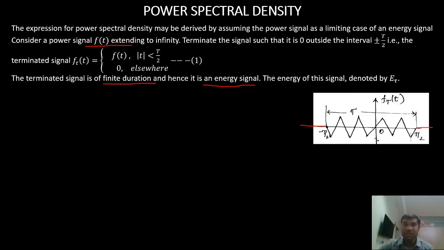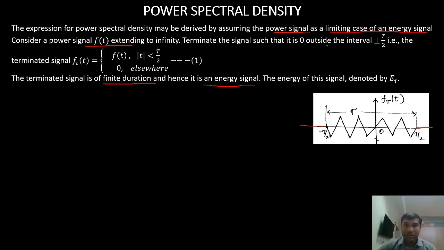So a power signal is assumed as a limiting case of an energy signal, by making T tend to infinity.